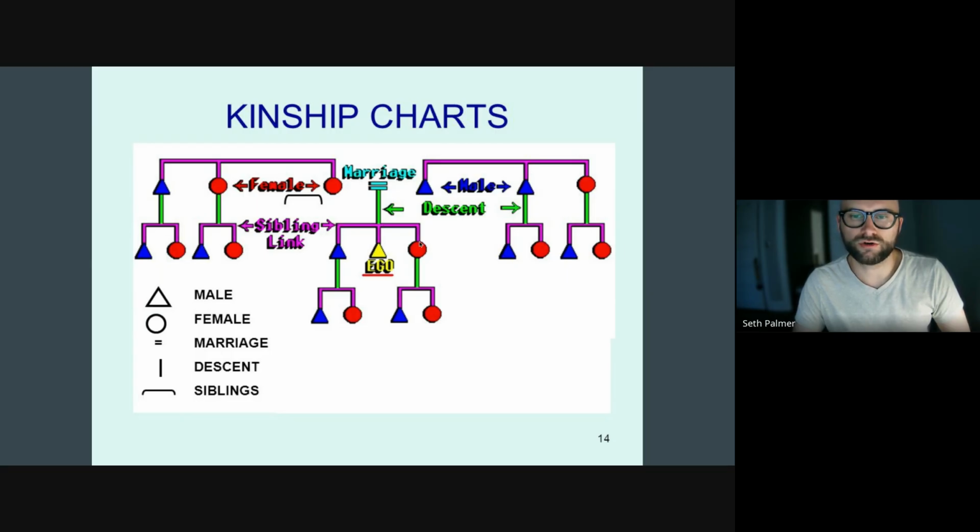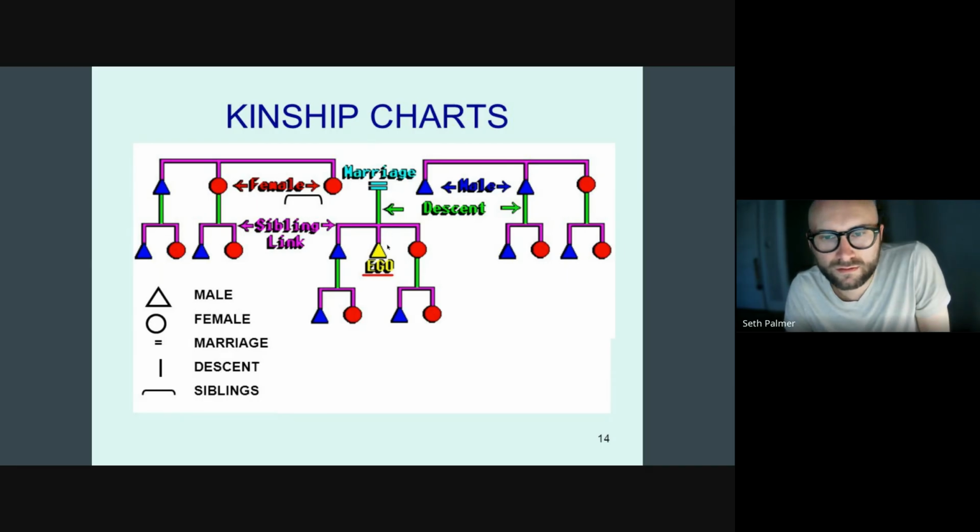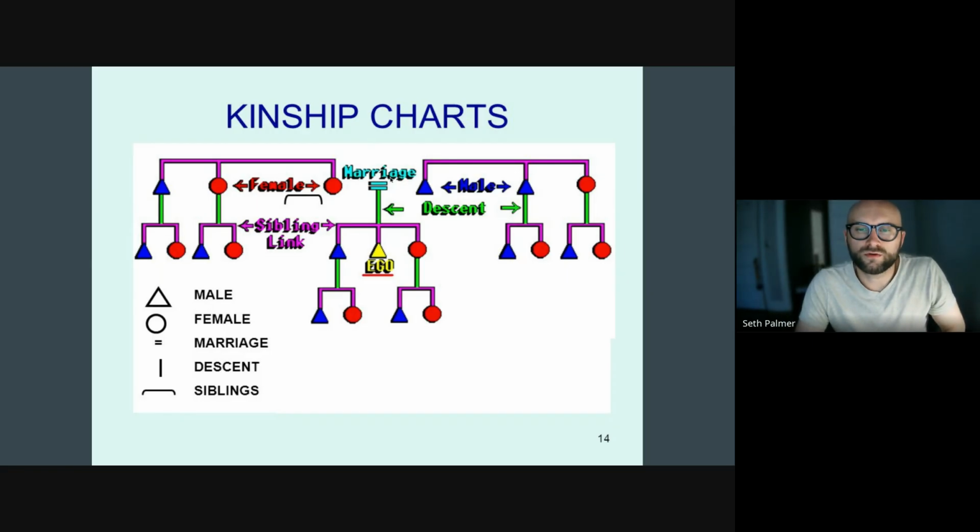How many children did ego's mom and dad have together? They had 3. 2 boys, 1 girl. Okay. So going down means you're going down in terms of descent, the children that they gave birth to. If you go up, you can obviously see who their parents were.